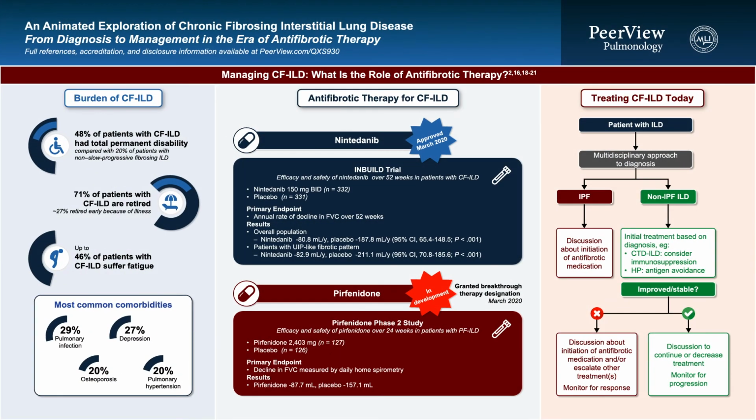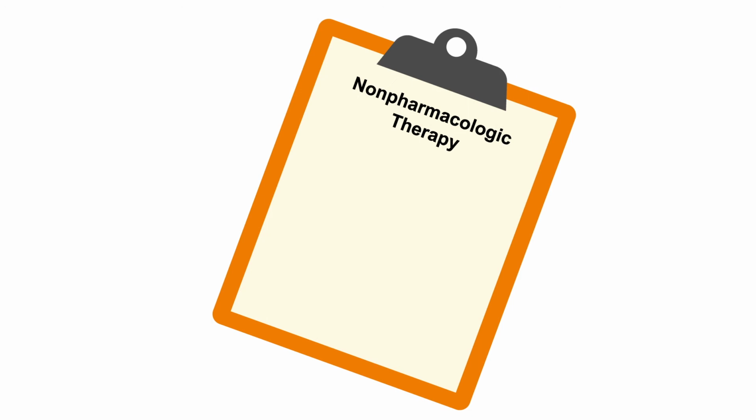So as you just heard, chronic fibrosing interstitial lung disease takes a significant toll on both patients and their caregivers. We got to talk about how we manage these patients. This is extremely important. Again, I'm a guy that likes to be ahead of the game. So as we move into that, you don't always have to prescribe a pharmacotherapy. You can put patients on oxygen, and it does help them feel a little bit better. You can use, at least inpatient-wise, invasive ventilation.